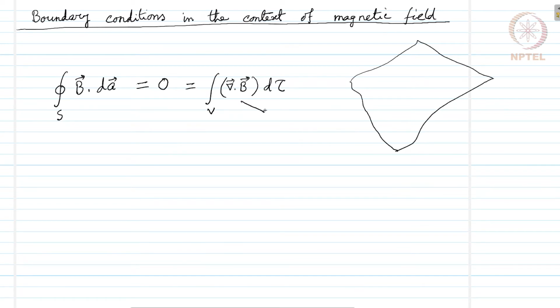So, the divergence of B is always 0, therefore, this surface integral B dot dA, the flux of a magnetic field over a surface enclosing a volume, will always be 0.